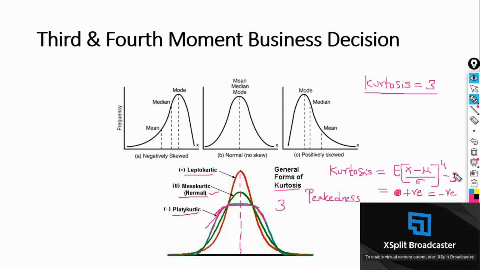What if the difference is 0? Then you get exactly a standard bell curve, which represents mesokurtic. So leptokurtic, mesokurtic, platykurtic: positive, 0 and negative kurtosis.